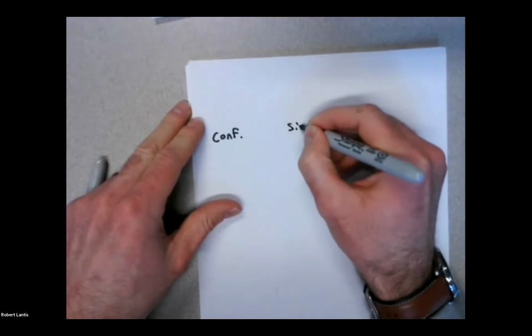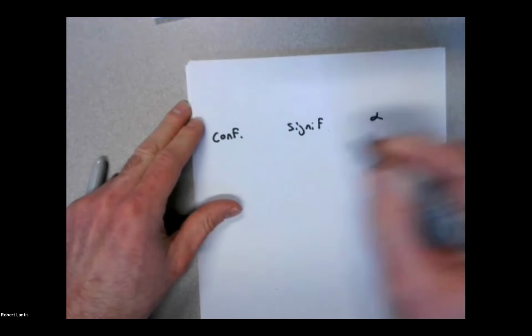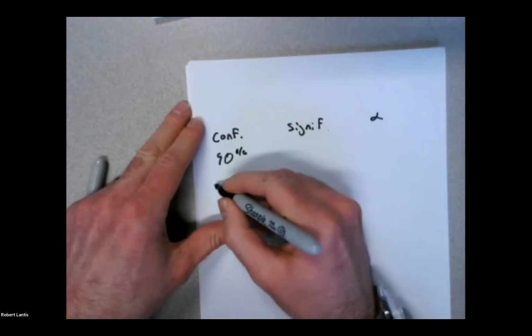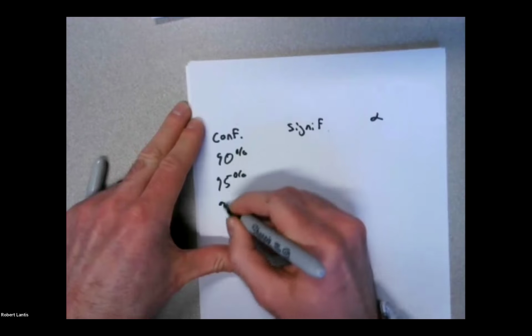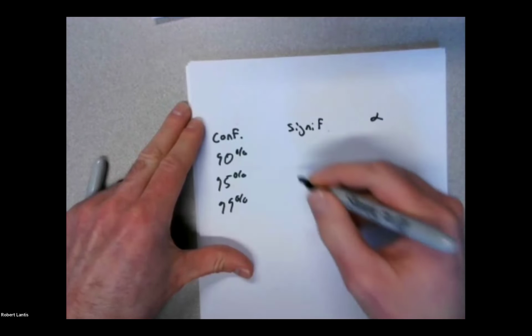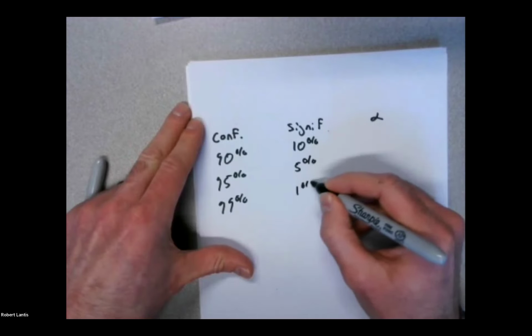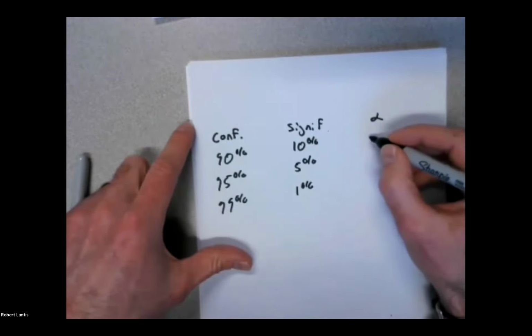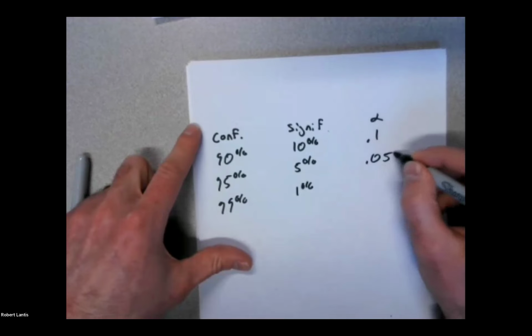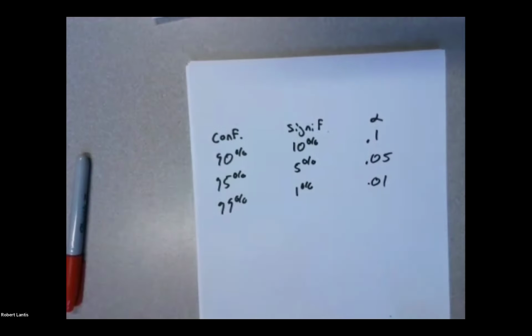So we've got confidence, significance, and alpha. If I'm saying things at the 90, 95, 99% confidence levels, that corresponds to 10, 5, and 1% significance. These would be alphas of 0.1, 0.05, and 0.01.